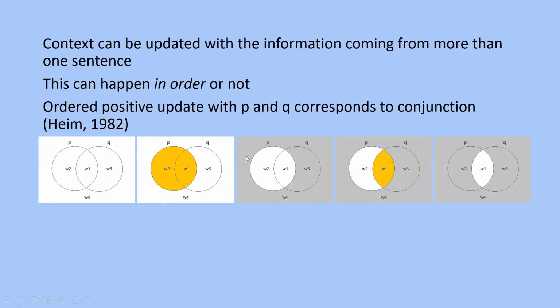The highest ranking words are kept. At this point, an intermediate context is defined. And in this local context, the Q words are accepted. This is only W1 in this case. And the rest is dropped. As a result, we end up with the intersection. As you can see, this is Heim's dynamic account of conjunction.